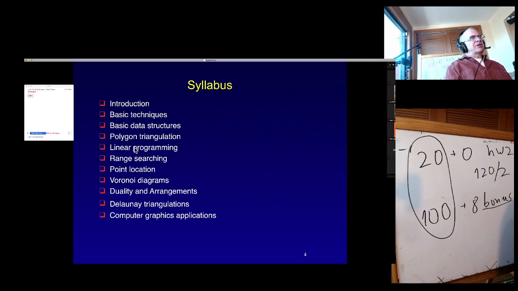So we'll talk about triangulations quite a lot. I'll probably mention linear programming. There are a few beautiful and ingenious algorithms that handle linear programming, and linear programming is also one of the topics that you cannot go wrong by talking more about it.